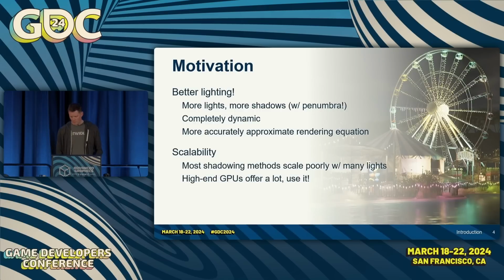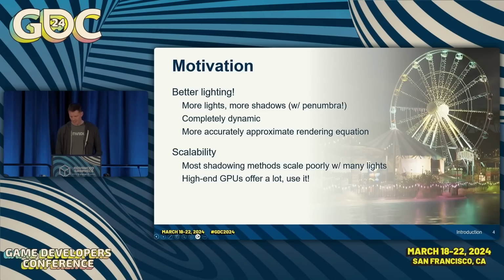So we also need to do this in a performant and scalable way, and we really need to be mindful of this, even when we're on high-end PC parts. Most dynamic shadowing methods today don't scale well when we have lots of lights.